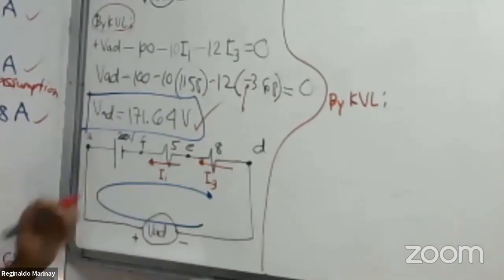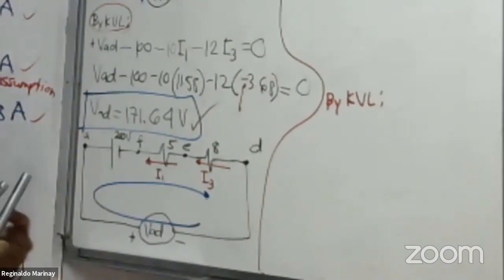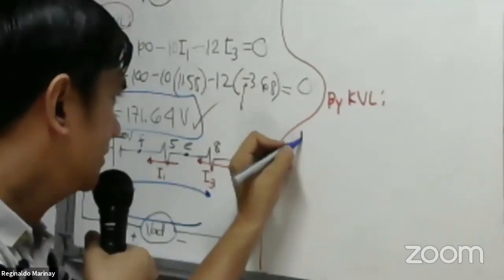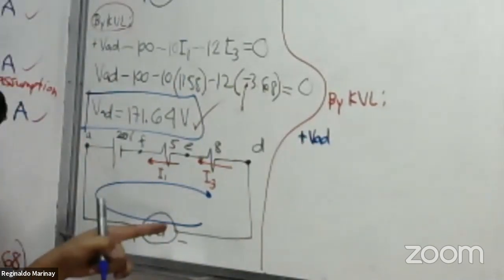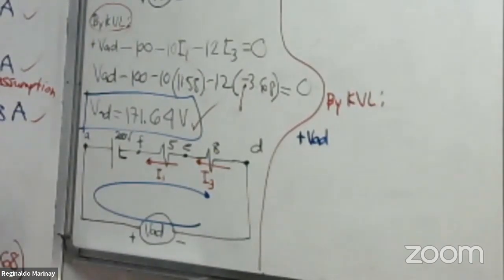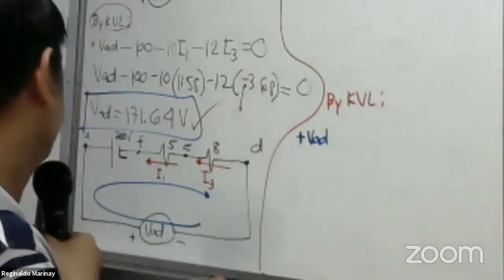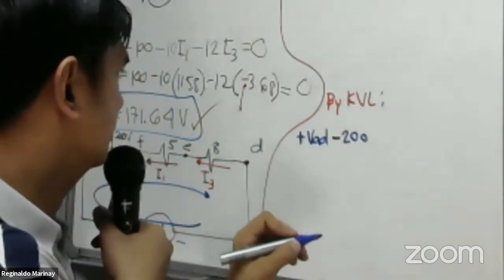The circuit tracing leaves on the positive terminal of VAD, therefore that is positive VAD. Then it leaves on the negative terminal of the battery, so therefore it is negative 200 volts.